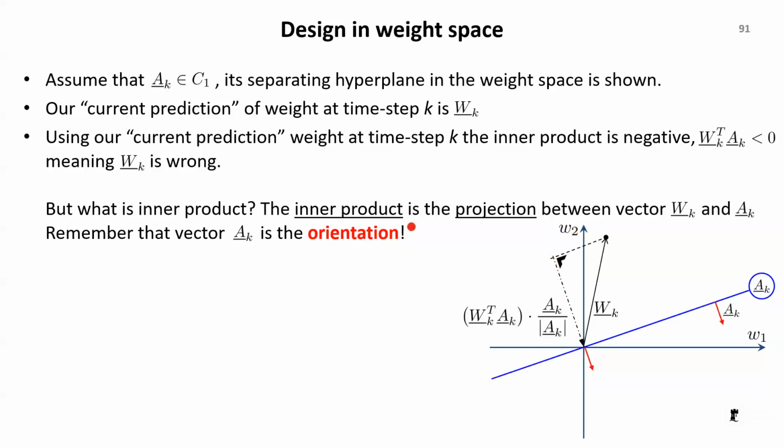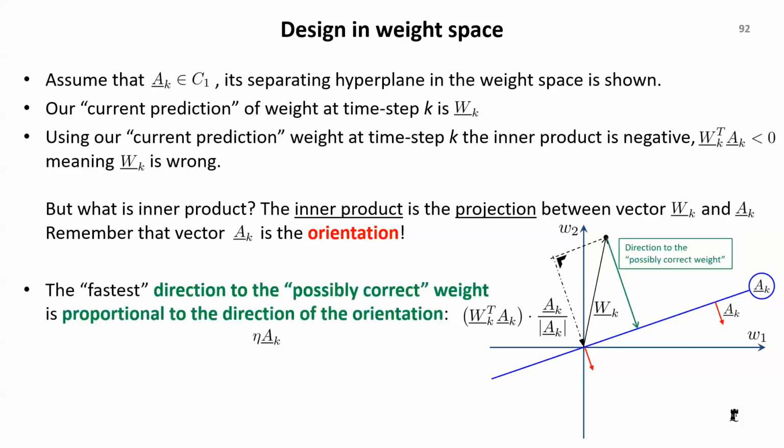And if we multiply it with the normalized vector in the direction of the orientation, we get the black arrow there. That's the direction, the fastest direction to the solution region for this particular point.